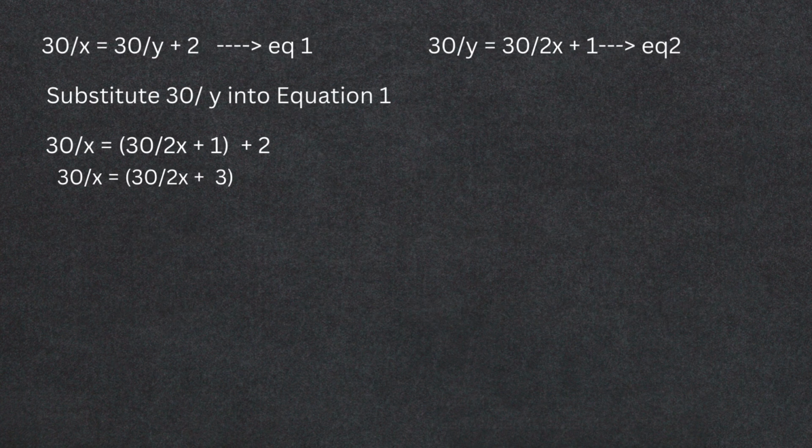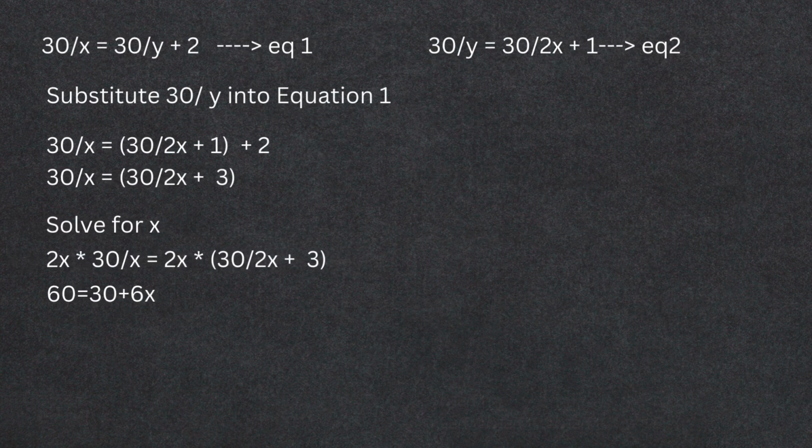Let's substitute 30 by y into equation 1. Since we now have 30 by y in terms of x, we substitute it into equation 1: 30 by x is equal to (30 by 2x plus 1) plus 2. We put this in brackets because we are substituting the value here. So 30 by x is equal to 30 by 2x plus 3. We got it like this.